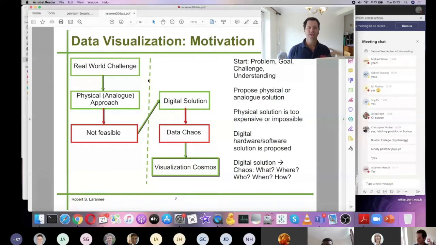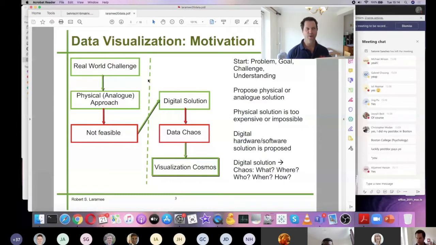But the digital solutions to these problems lead to a new set of challenges and a new set of problems that I call data chaos. For every digital solution that exists, there's usually a set of associated data that accumulates and accumulates.